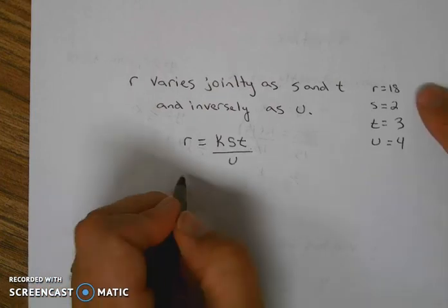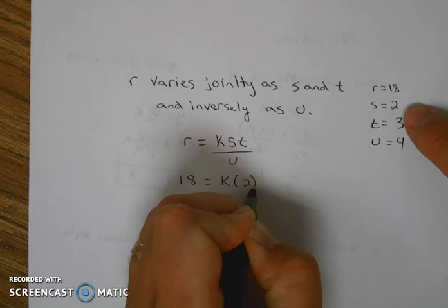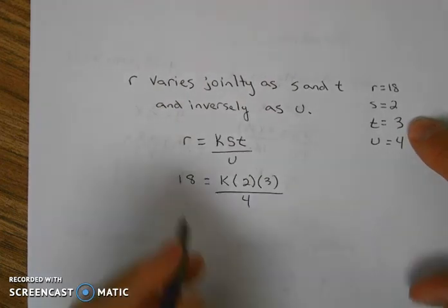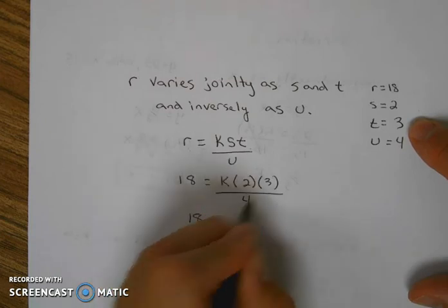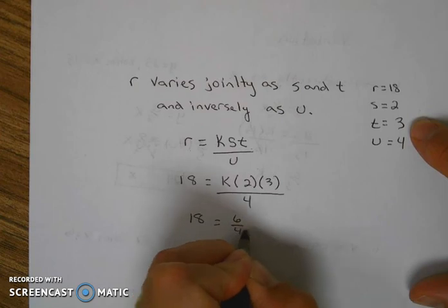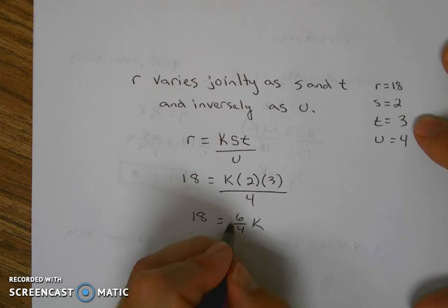So we're going to plug our numbers in, like before, and we're going to solve for K. So we get 6/4 K equals 18. So we're going to multiply by the reciprocal.